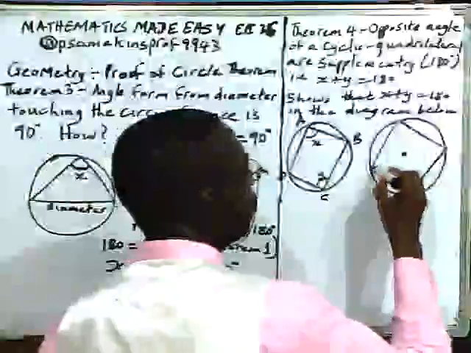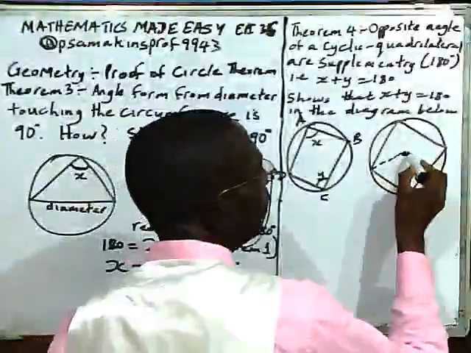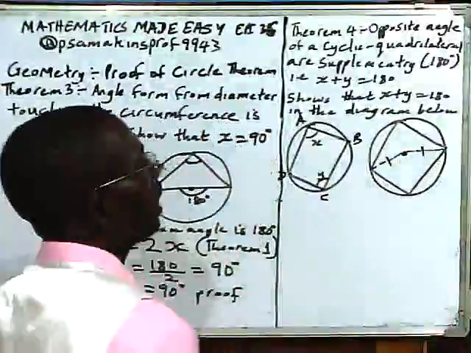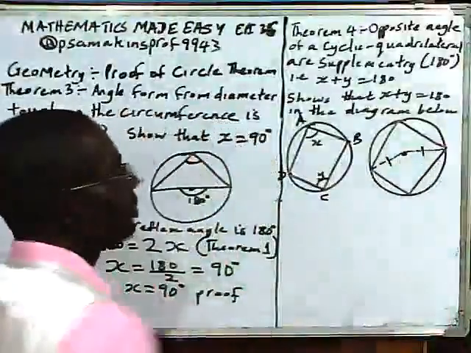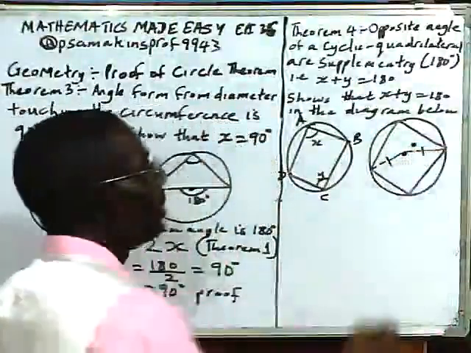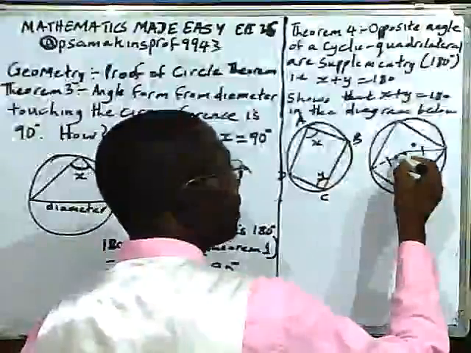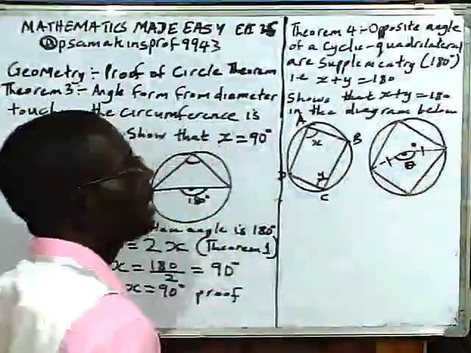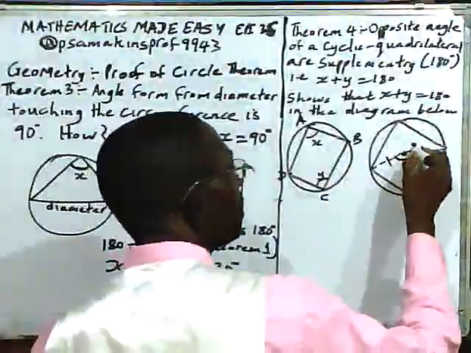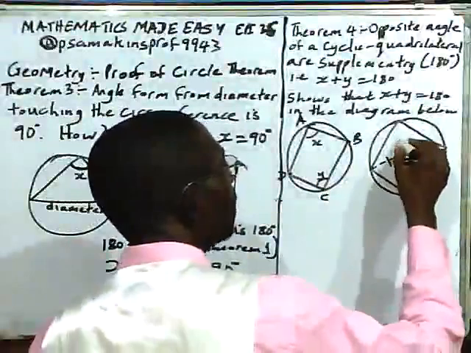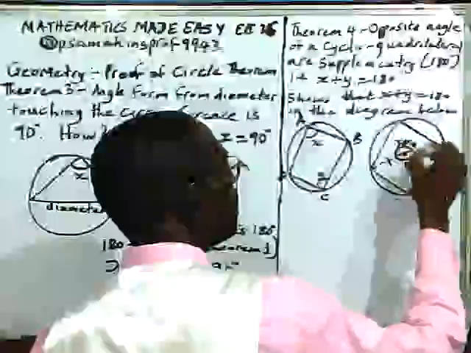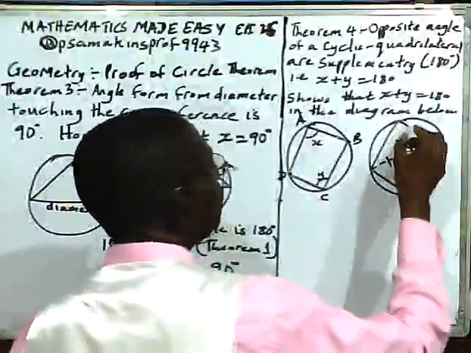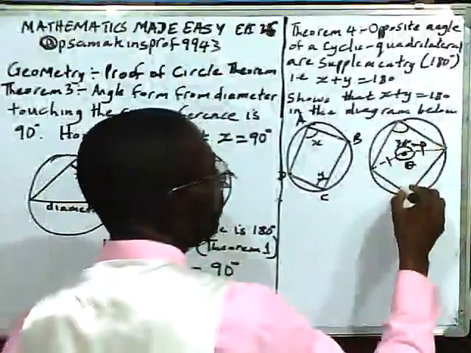If we draw a line this way and join it, this is the radius of that circle, since this is the center. Again, we can look at this angle. Let's call this angle theta. If we call that angle theta, that means this reflex angle will now be 360 minus theta. So we have this angle, we have this angle.